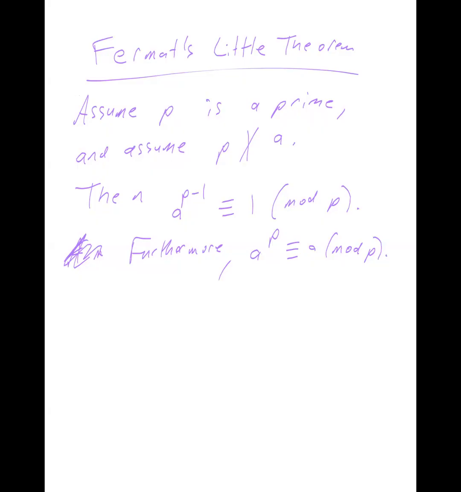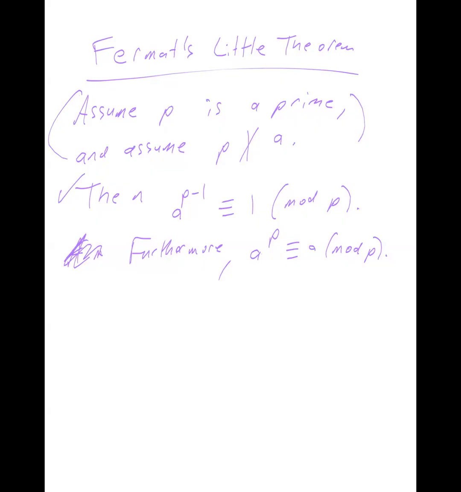And then it should say, and if you also assume that P does not divide into A, then A to the P minus 1 is congruent to 1 mod P. So I think you only need both conditions to prove the first statement is true. I think you only need to assume that P is a prime for the second statement to be true. But I'll have to check into that a little bit more.